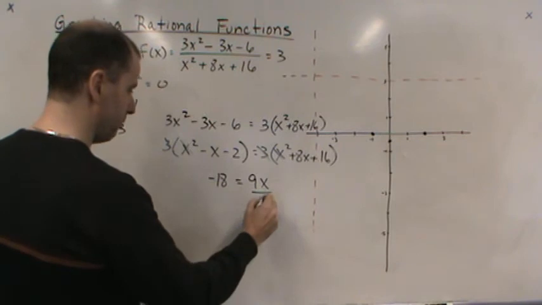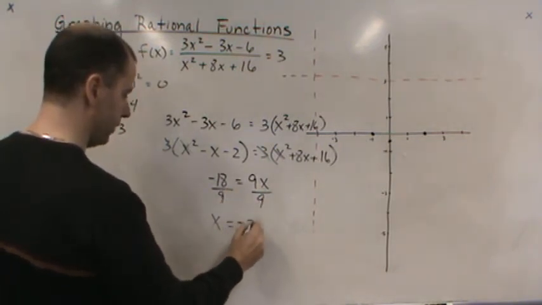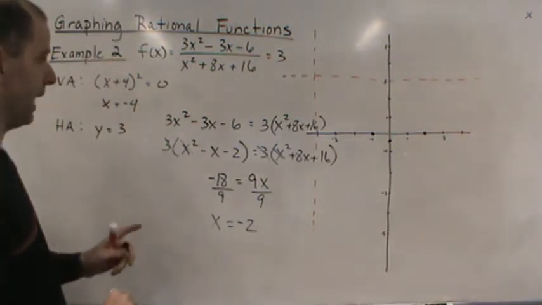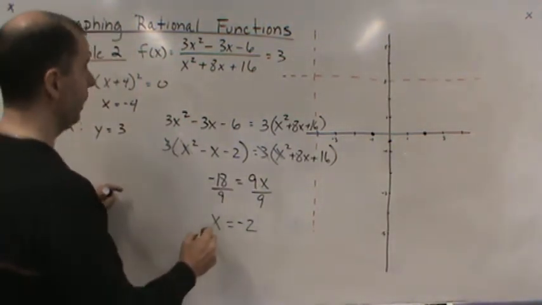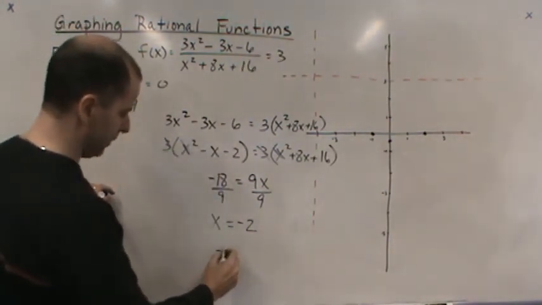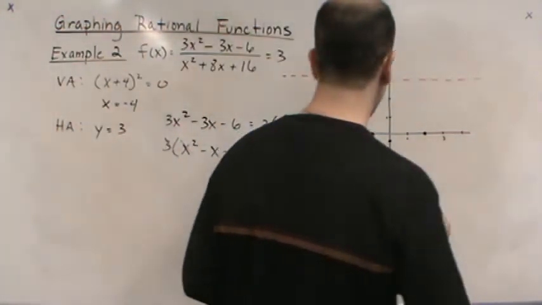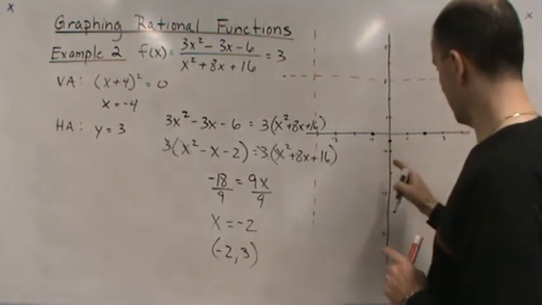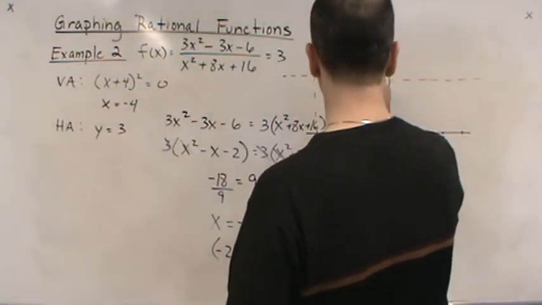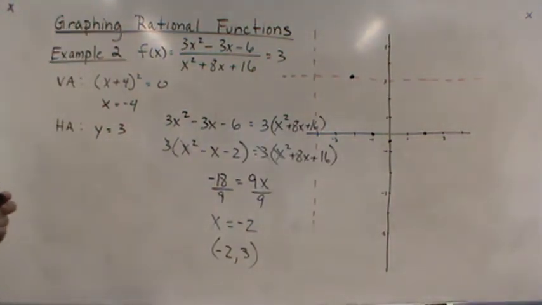And if we divide both sides by 9, we get x equals negative 2. So guess what? We just found that it intersects at negative 2. So negative 2 comma 3 is on the graph. So negative 2, it's going to be right here. So it does cross. Okay?